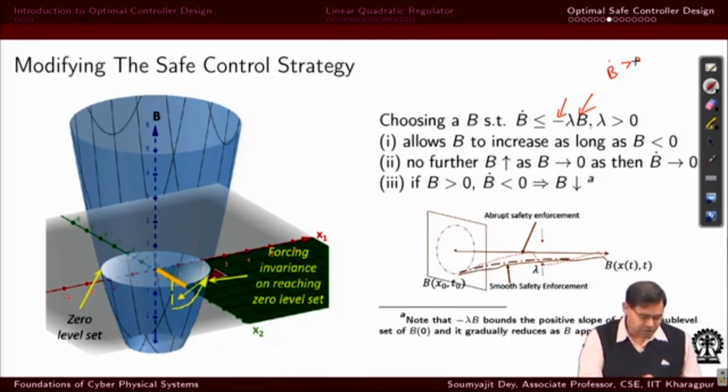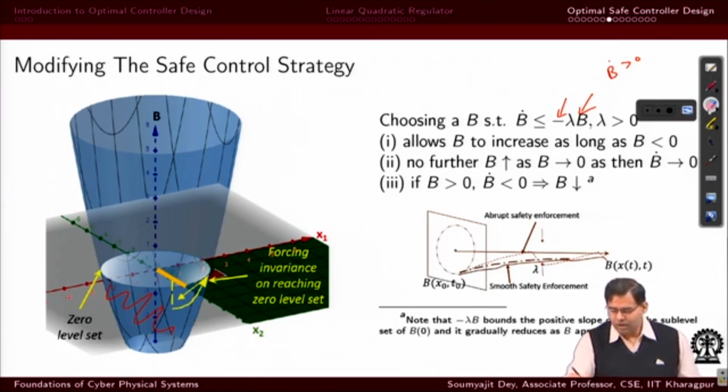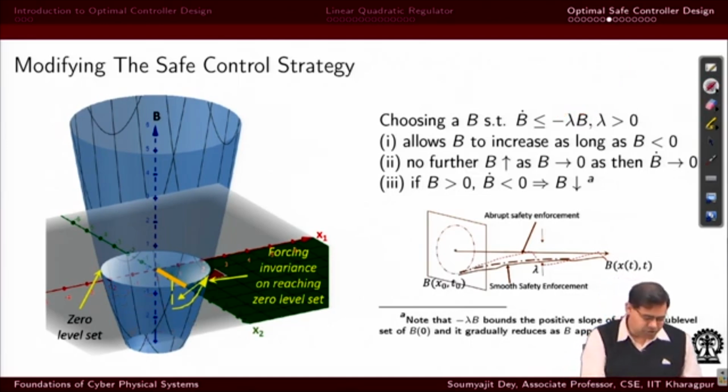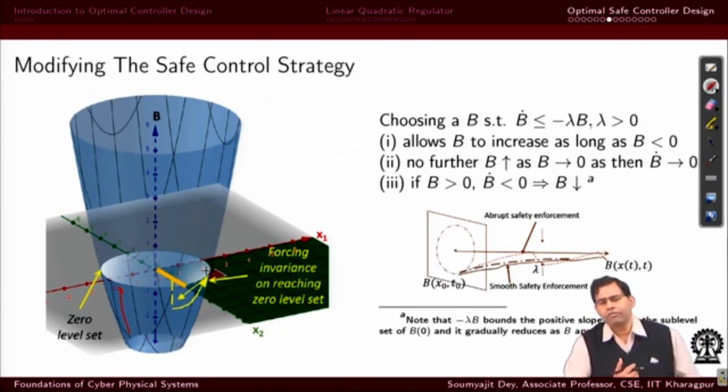Let us understand. Like I said, I only want my system to be inside this; only this should be my invariant region. I want to guarantee that. That means I am fine with allowing the barrier function's value to increase as long as I do not cross the boundary, right? It is not that I always want the barrier function's value to decrease. If it decreases, that is fine. It is negative.